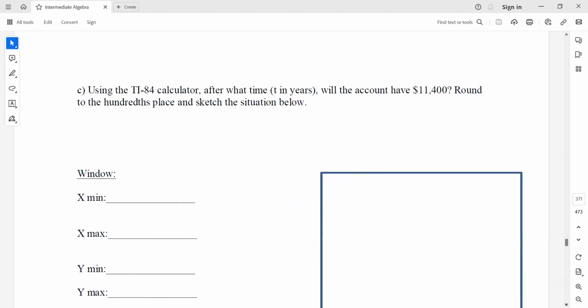Now using the TI-84 calculator, after what time t in years will the account have $11,400? $11,400. So how do you set this up? 5,000 times 1.03^t equals 11,400.